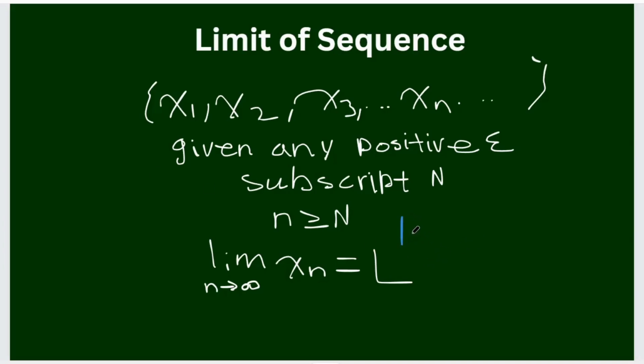And that inequality is the absolute value of xn minus L is smaller than epsilon. And here, L is the limit of xn as n approaches infinity.